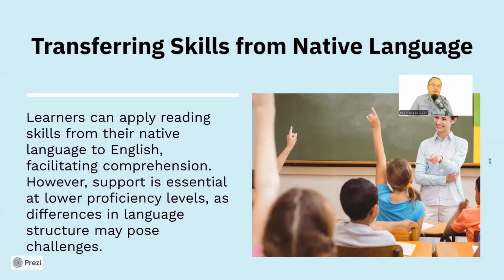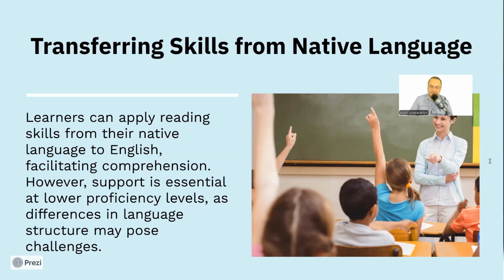Students need support, as differences in language structure may pose challenges, of course. Grammar is different, vocabulary is different, pronunciation is different. At the beginning, at the initial levels, learners need support from teachers.